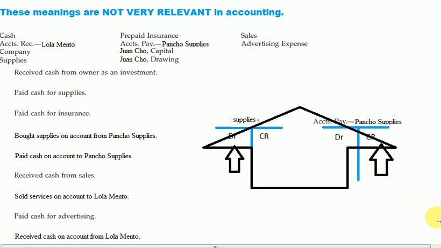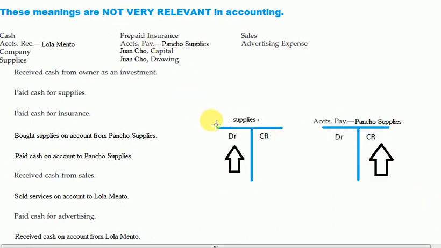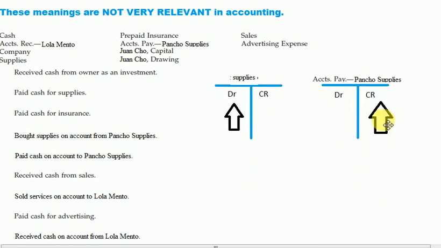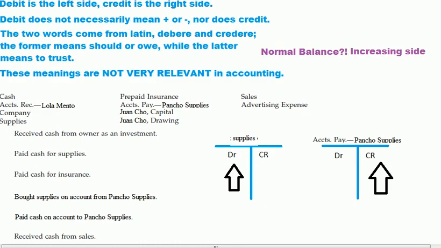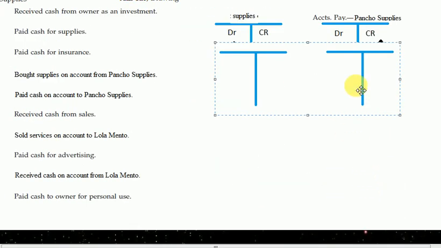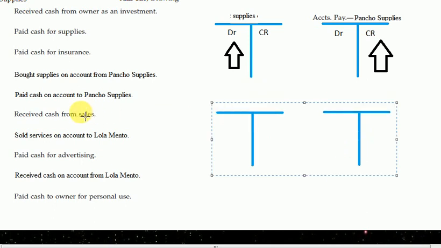Okay, now let's move on to the next transaction. It's pay cash on account to Punctual Supply. Here we see that you are paying your liability. It is very clear. The transaction tells us that you pay cash on account.